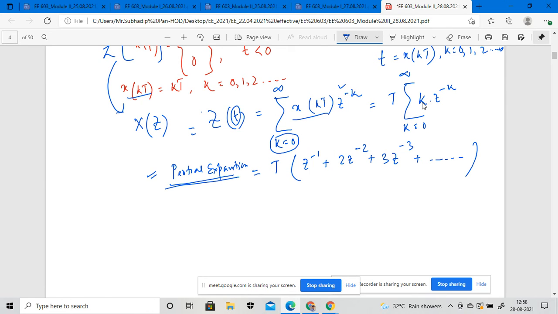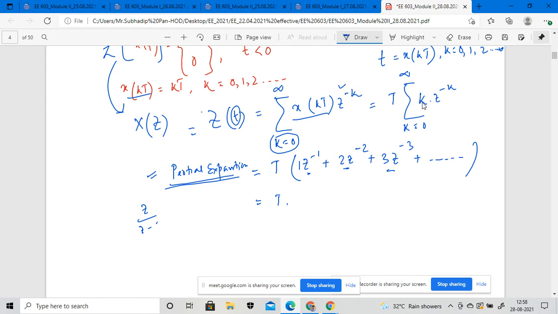If I simplify these things again, here it should be z to the power minus 1, here z to the power minus 2, and here the values are 2 and 1.